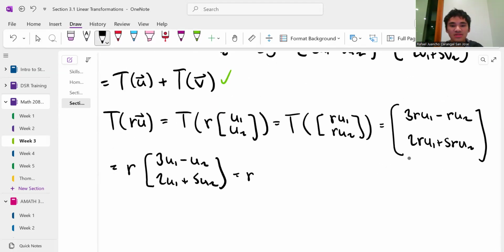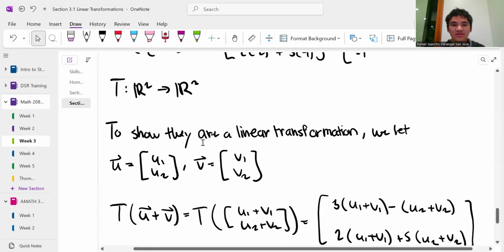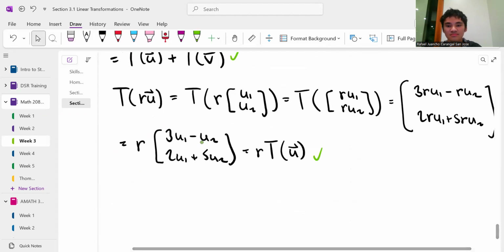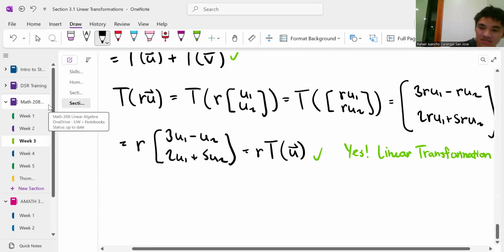And this is actually the same as the transformed vector multiplied by the scalar. So this is true. Hence, this thing is a linear transformation. Okay? I hope that makes sense.